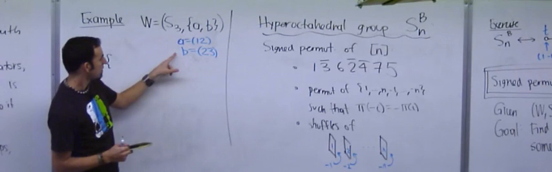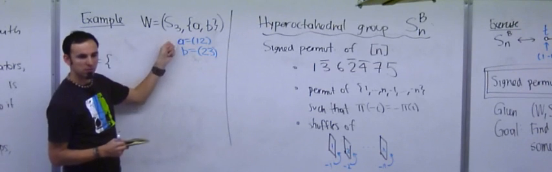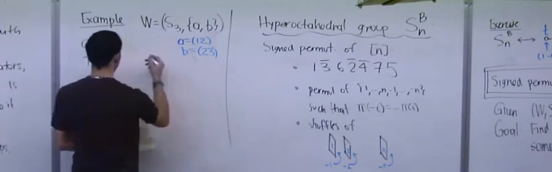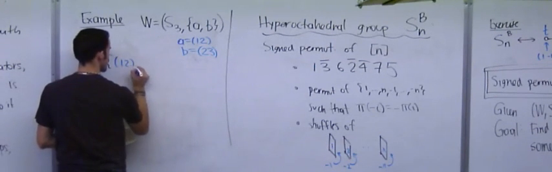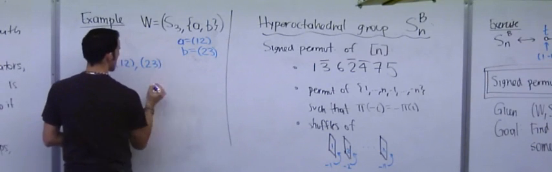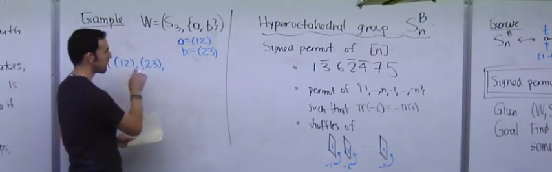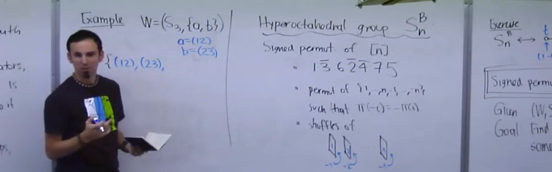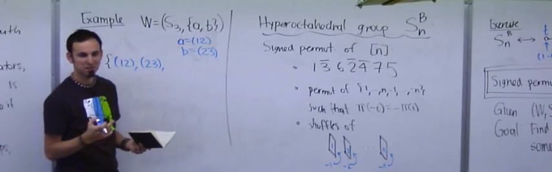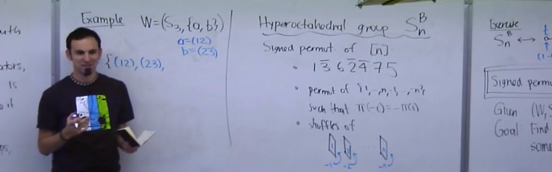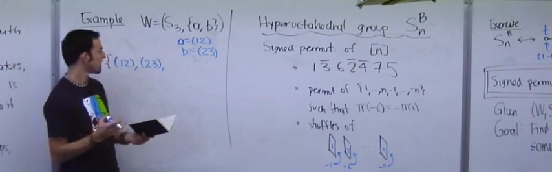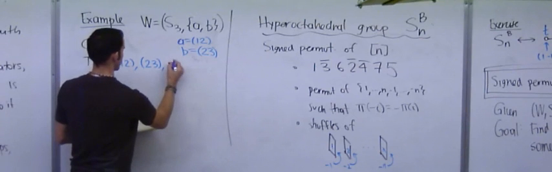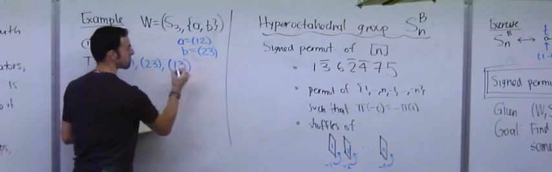And what are the conjugates of this guy and this guy in this group? Well, first of all, every element is conjugate to itself. So these two are in here. And what else? ABA, which is, if you do it, it's 1, 3.